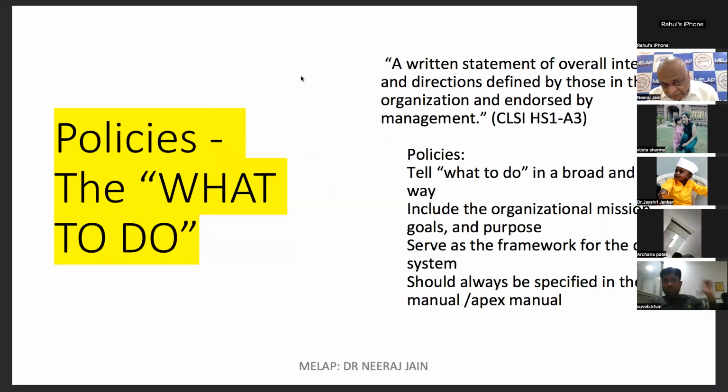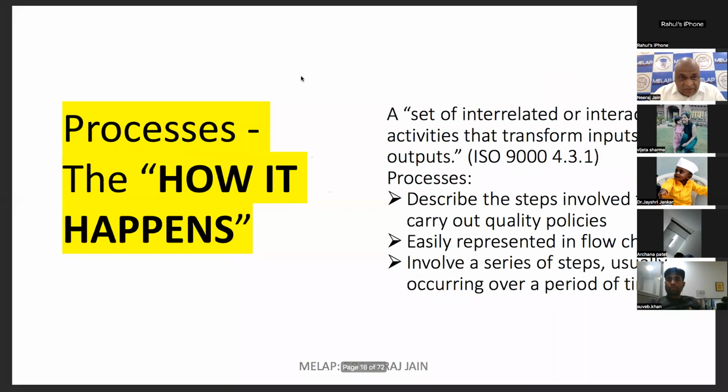As I said, policies, what to do. And for this policy, you are saying in a flow chart, in a sequence, what you are supposed to do and how it will happen. These are the different activities.